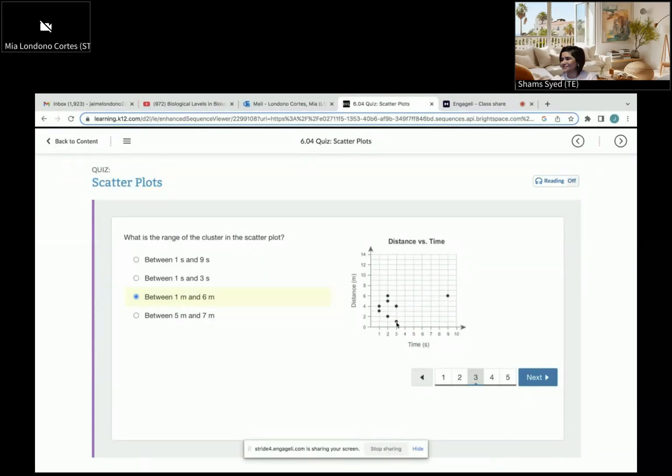So I looked at the first point and it said 1, and I looked at the last point and there was 6, so I assumed it was 1 to 6. Like C. Very good, very good. Excellent. See, Mia readily helped us. Mia, thank you so much for helping.